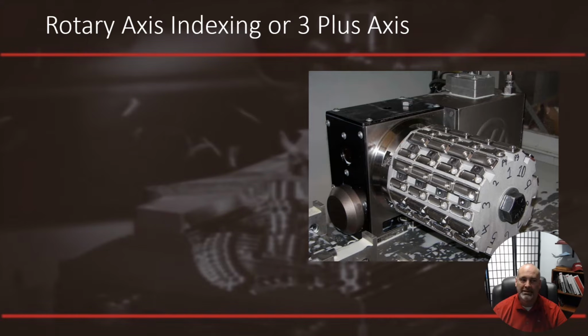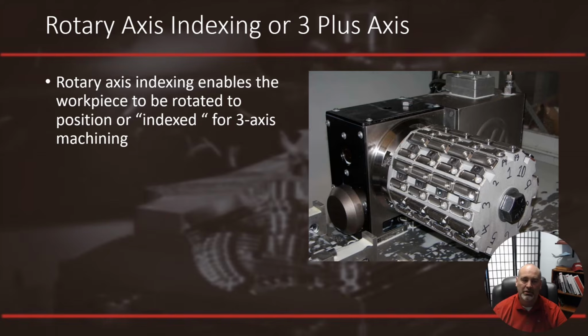Rotary axis indexing, or 3+2 axis machining. The rotary axis indexing enables the workpiece to be rotated to position, or indexed, for 3-axis machining. Over on the right, we've got an example of a 4th axis, looks like a Haas rotary, and they've made a horizontal tombstone with what appears to be 10 stations.